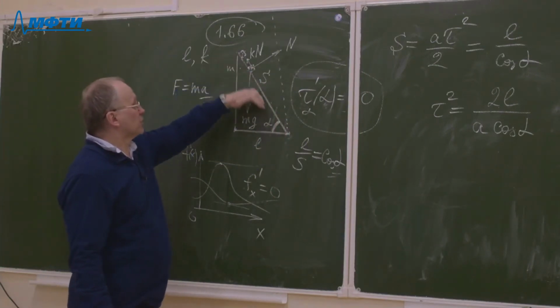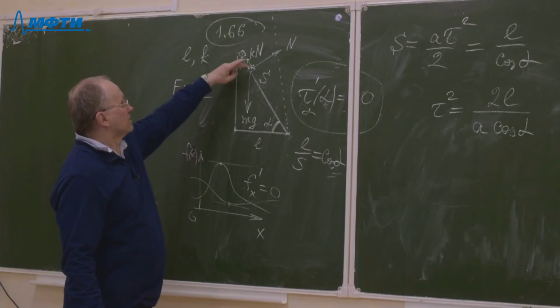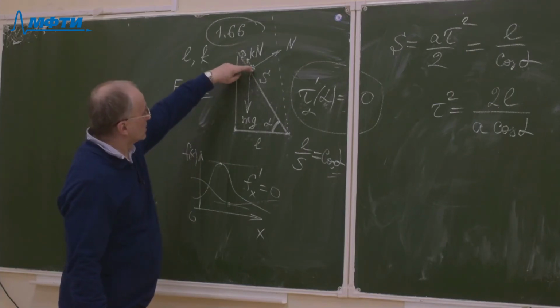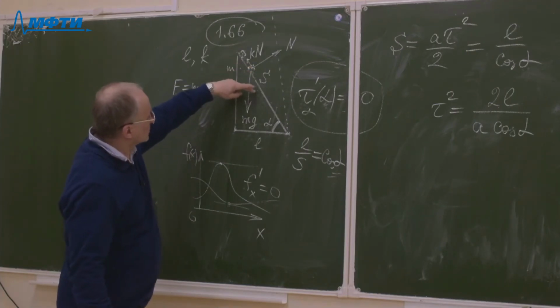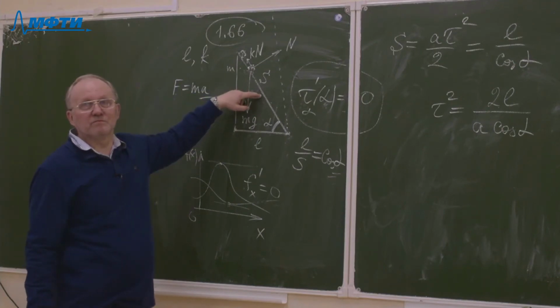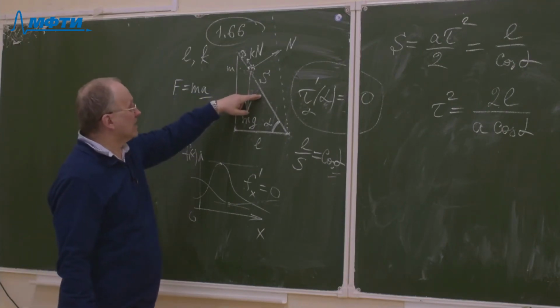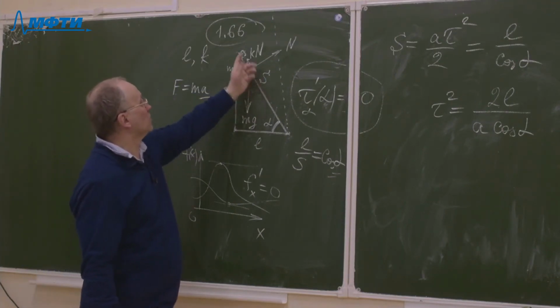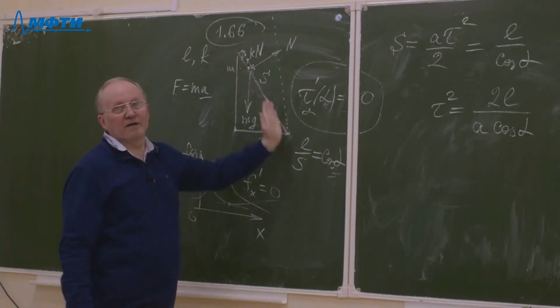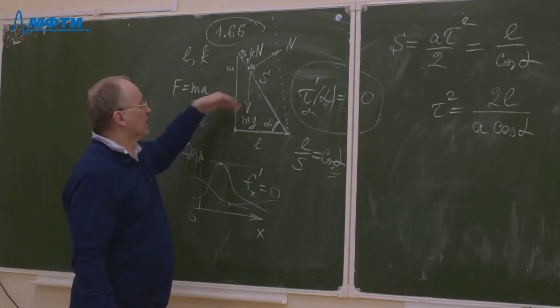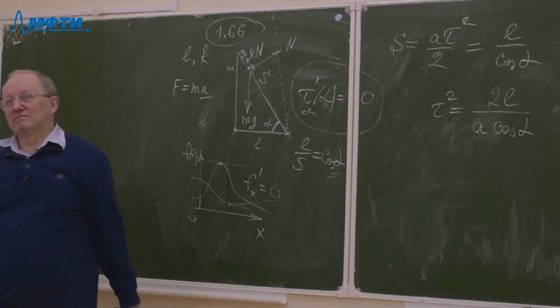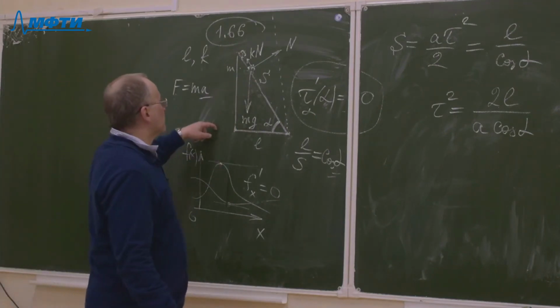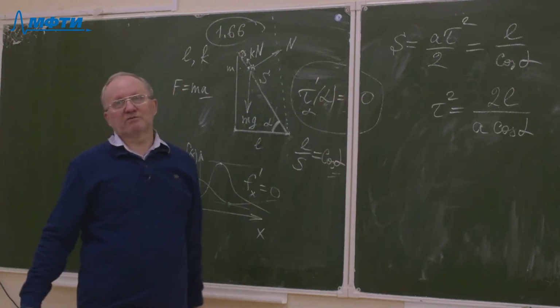Also, we know that the surface is solid and the body will not break it and will not fall down through the surface. We know exactly that this body will move only along the surface. It cannot move in any other direction. It cannot move through the surface and it cannot jump out of the surface.